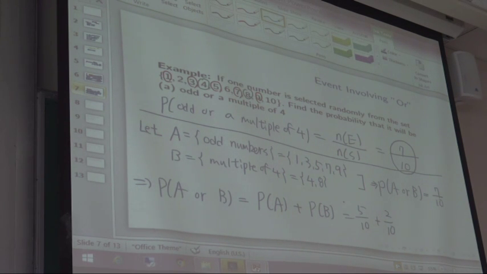You would think that would be for A and B, not or. But many times there may be some overlap, right? So we'll discuss that on the next slide. Any questions so far about the or, with no overlap case?